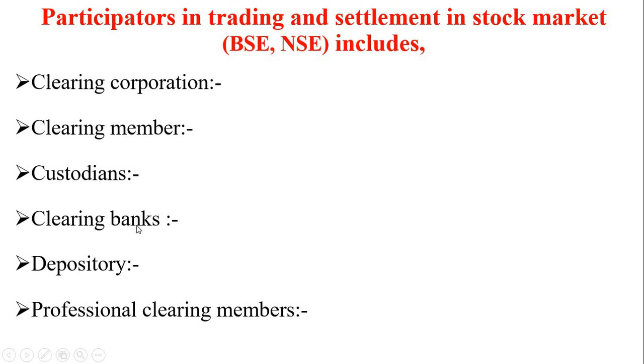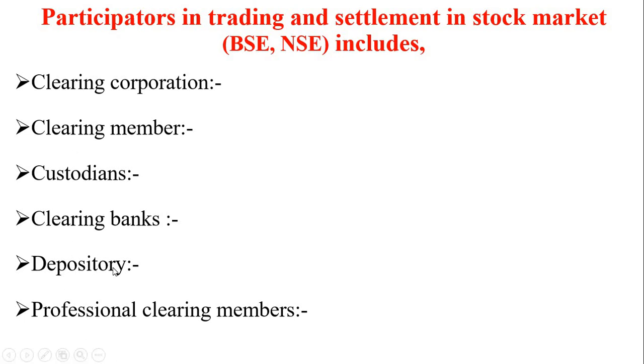The next one is clearing banks. Clearing banks are the key link between clearing members and the clearing corporation. A member is required to open a dedicated clearing account with one of the designated clearing banks.